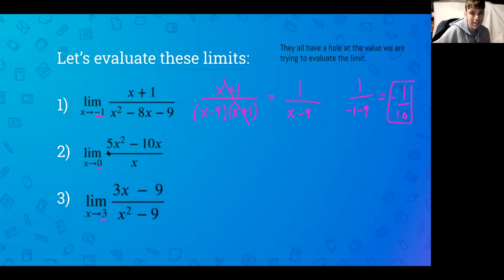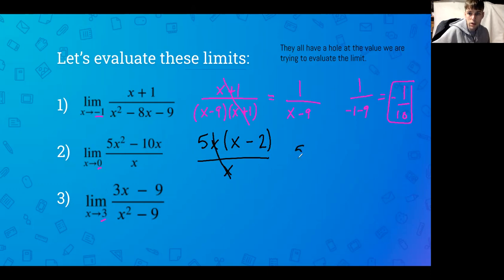Let's take a look at this one. So on the top here, I can see that we do have a GCF between these. These both have an x and 5 as a common factor. So 5x times x minus 2 over x. And we're looking as x approaches 0. So obviously a 0 in the denominator is bad, but we can cancel that out there.